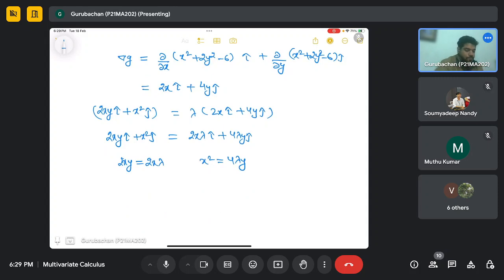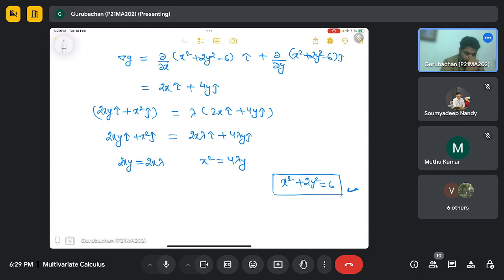Now what can we do? We have been given a subject to constraint, that is x square plus 2y square is equal to 6. So we need to find the value of x square and y square in terms of lambda, and we can put in this equation to get some value of lambda, and then consequently the values of x and y. So suggest me some good substitution technique so that I can substitute something.